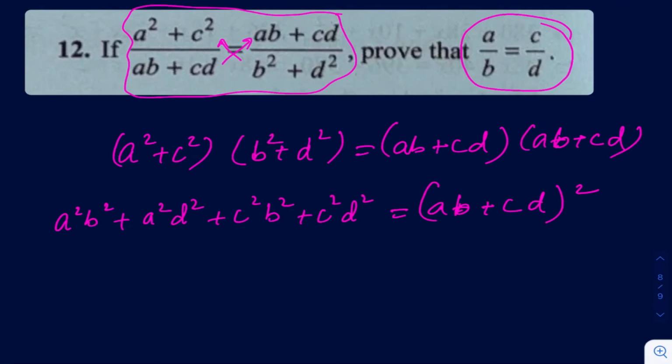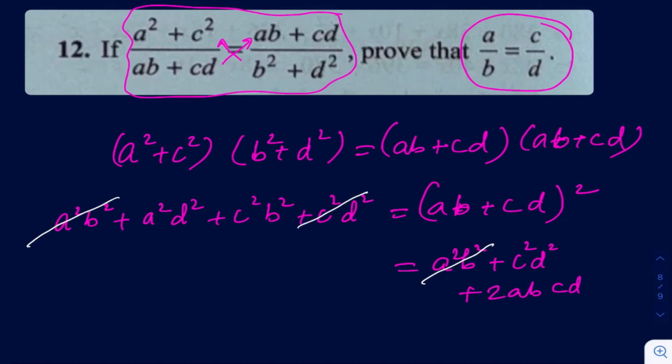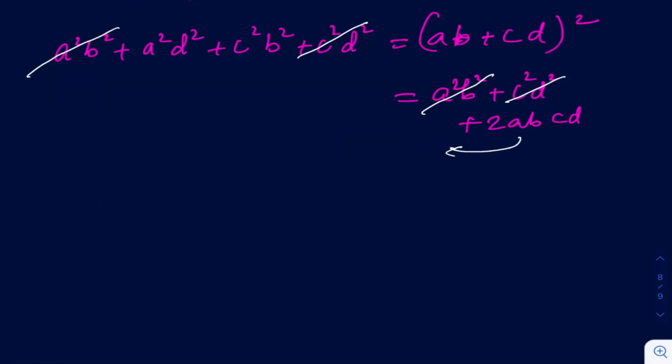So if you solve this, it is coming A square B square plus C square D square plus 2ABCD. Now cut out the terms. This and this will be cancelled, and this will be cancelled. We get A square D square plus C square B square minus 2ABCD equals 0.